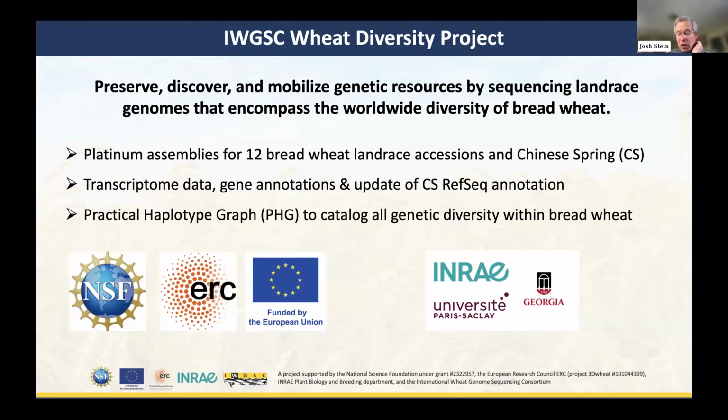And then finally, all of these data we plan to package as a practical haplotype graph in order to do inquiries. And I also want to thank the funders, NSF and the European Union predominantly, for funding this project.